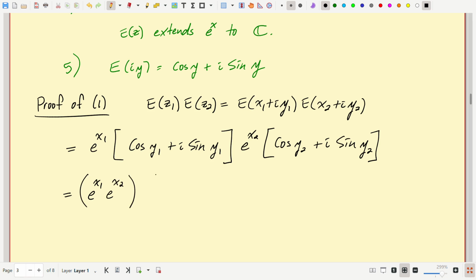Then when I multiply the rest together, I'd get a cosine y1 cosine y2. The other place where I get a real number is when the i hits the i in front of the sine functions. That's the i squared, which is minus 1, so that gives me a minus sine y1 times sine y2.